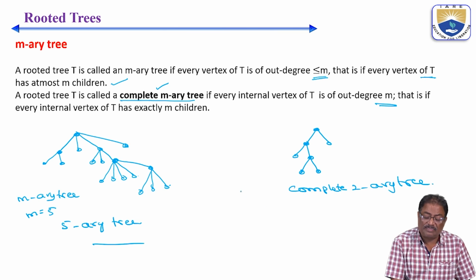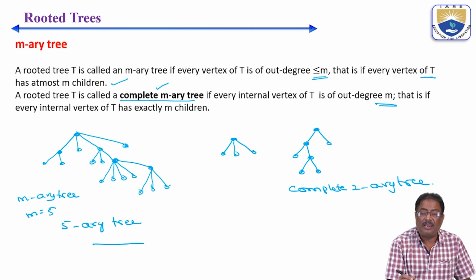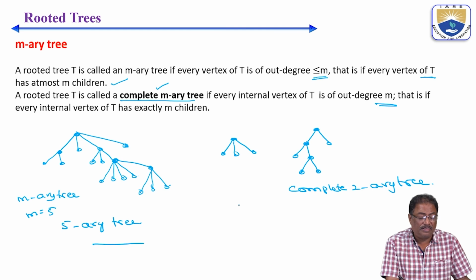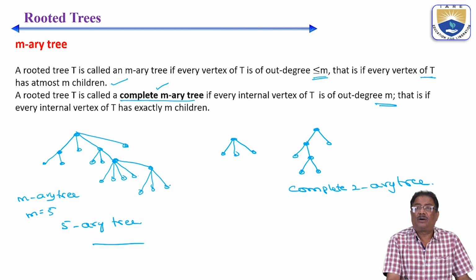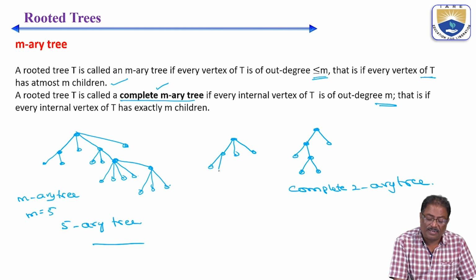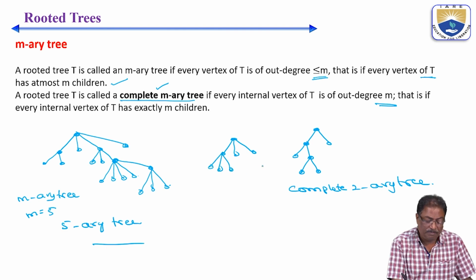Suppose I consider another one. Here I am taking a vertex with out degree 3, and then I consider another vertex with out degree 3, and I consider each of these as a subtree.